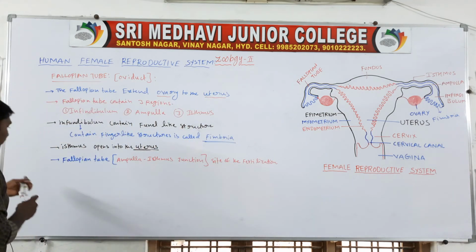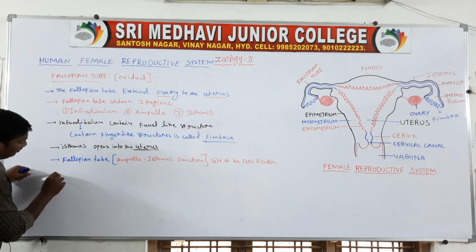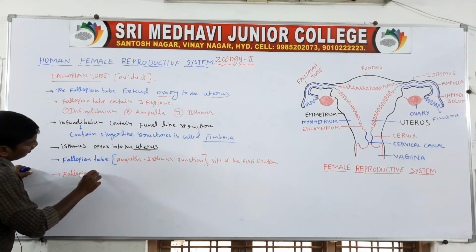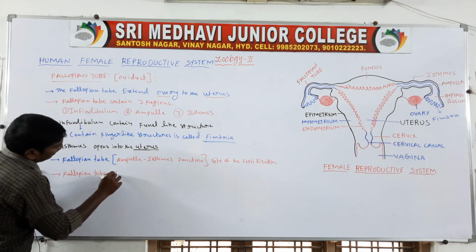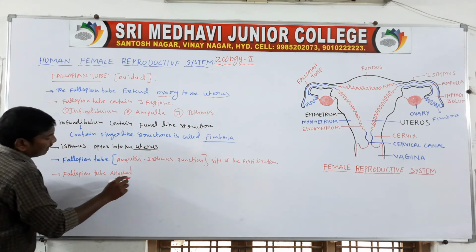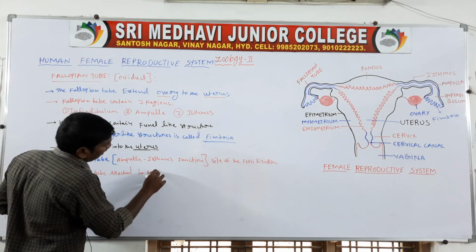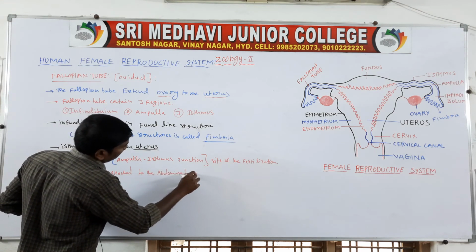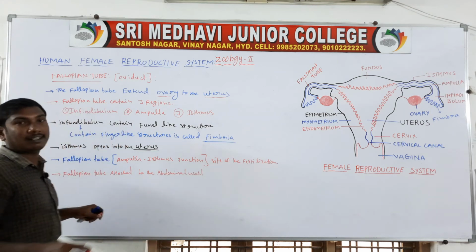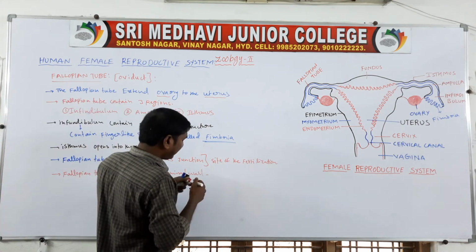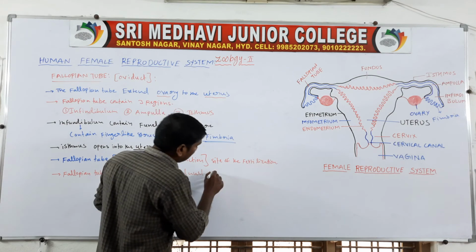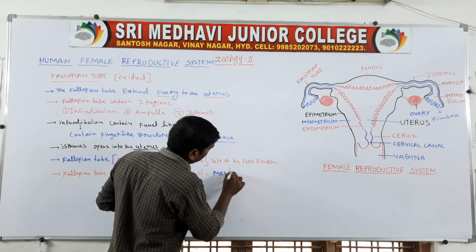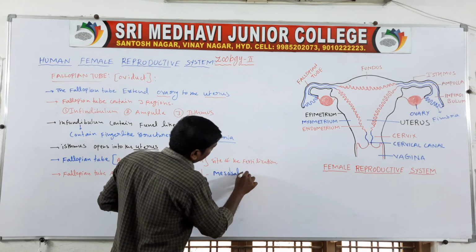Next one, the fallopian tube is attached to the abdominal wall by the mesosalpinx.